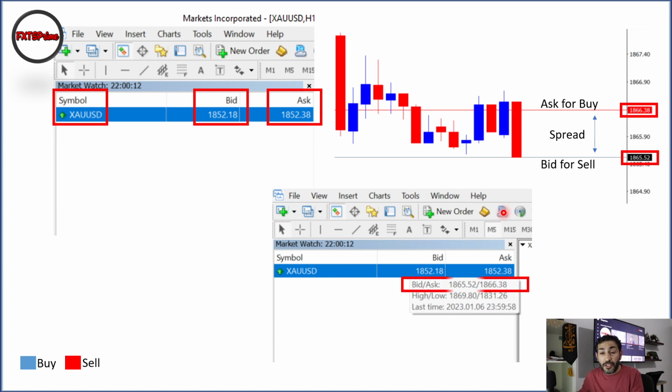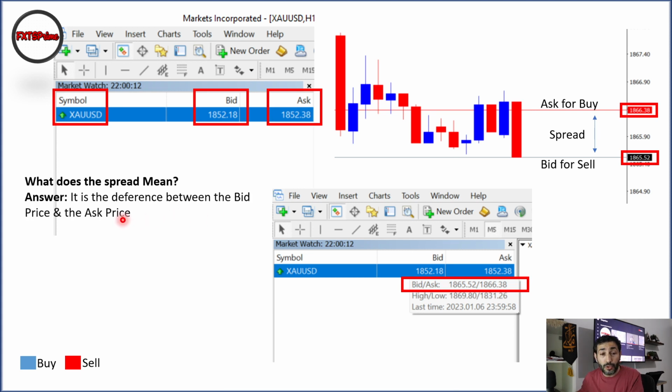So to emphasize more, I have just pulled up the same screenshot here. However, I have pulled out the ask price and the bid price which were triggered on this chart. So if you see here, it is the same ask and bid price for this chart. So again, in a different way, what does the spread mean? It is the difference between the bid price and the ask price.